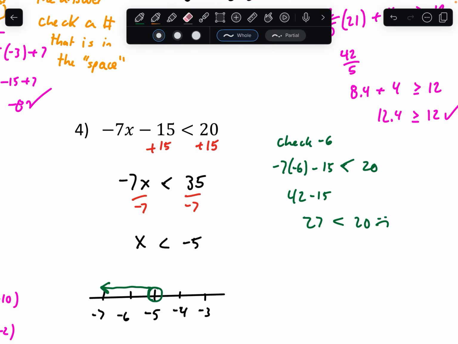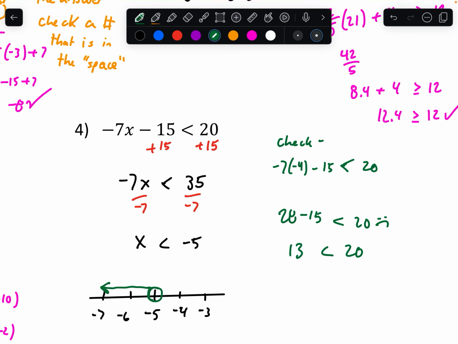Whereas if we plugged in something like negative 4, that would give me positive 28, and 28 minus 15 is 13. And 13 is less than 20. So what happens is we need that arrow to be going the other direction. Well, where that happens is right here.